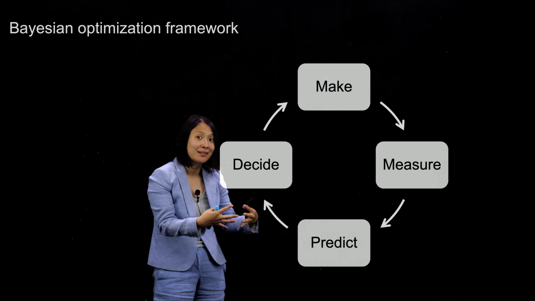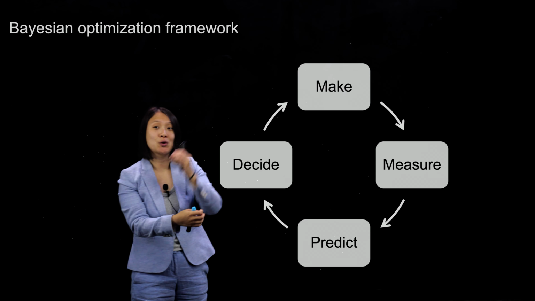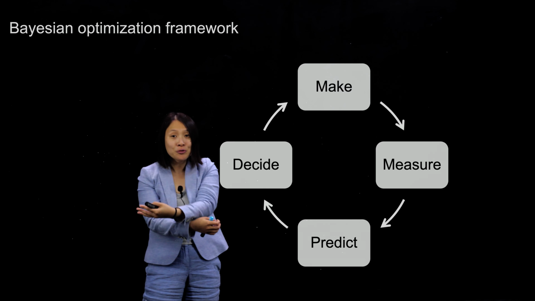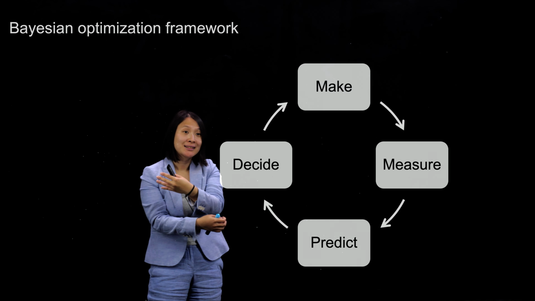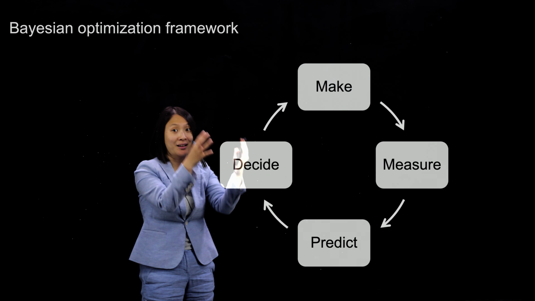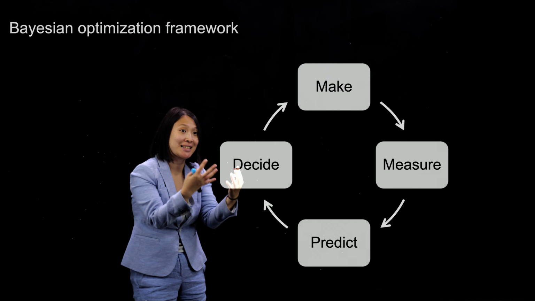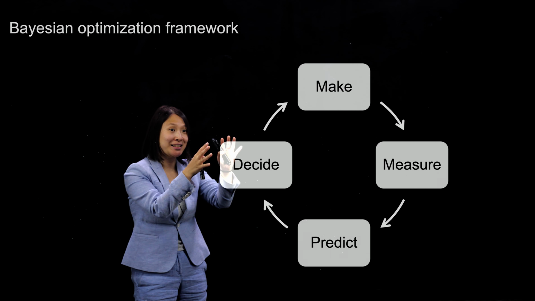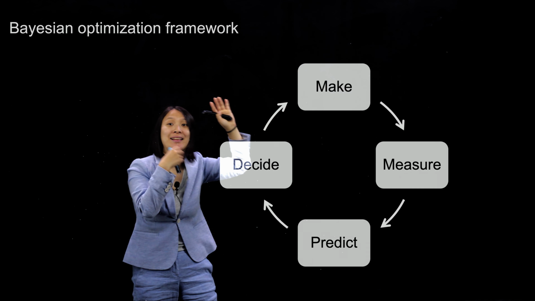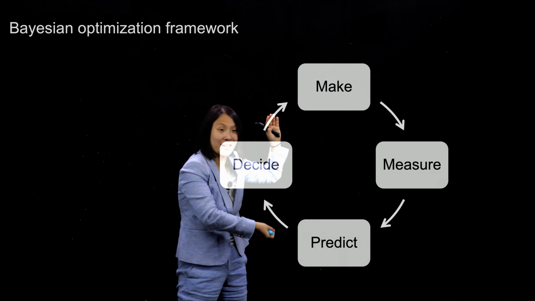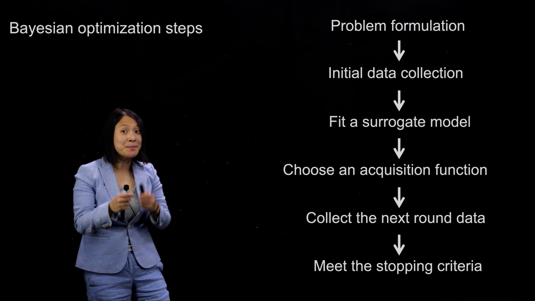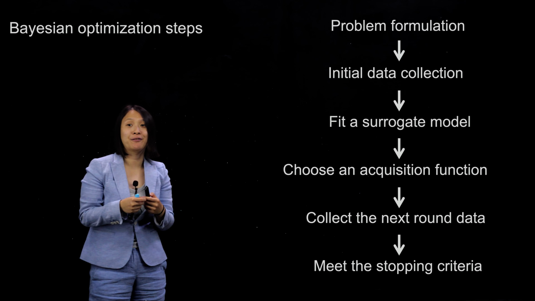From there, we use another term called an acquisition function, which is a rule to help us rank the potential experiments and decide on the experiment we should conduct next. From there, we bring the decision back to the conditions we want to try and start the next round of experiments.